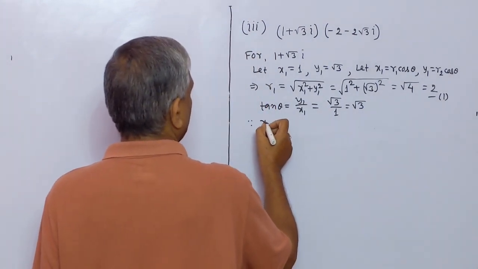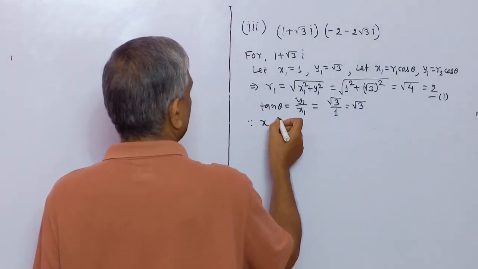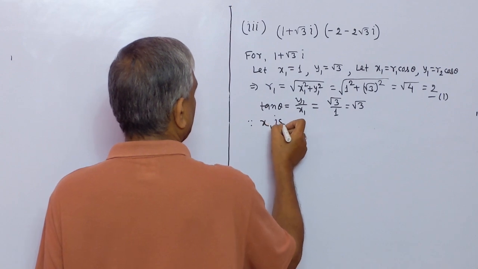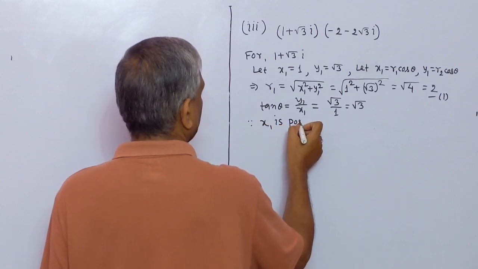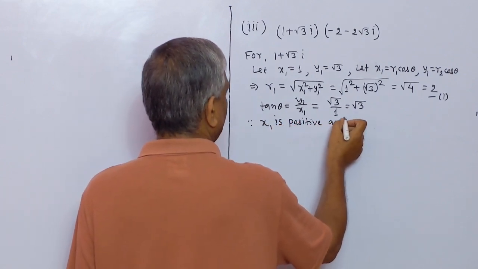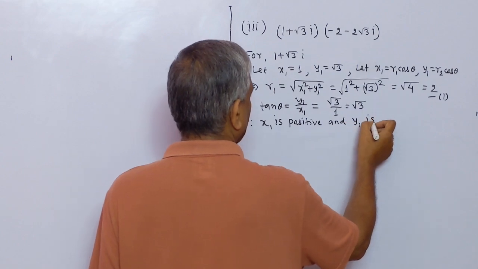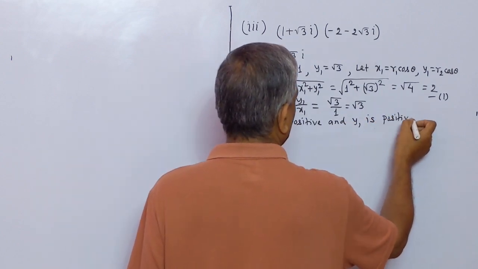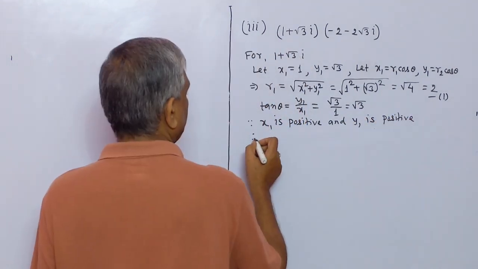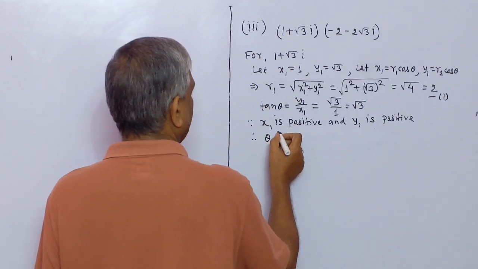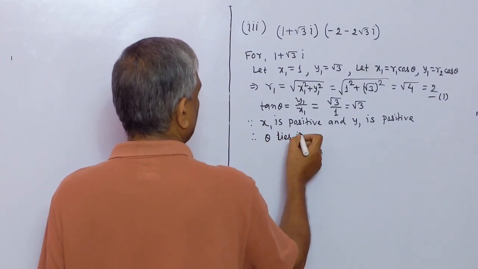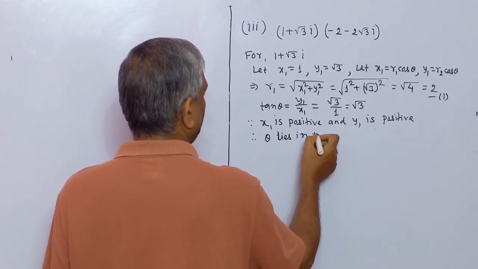Since x1 is positive and y1 is positive, therefore theta lies in the first quadrant.